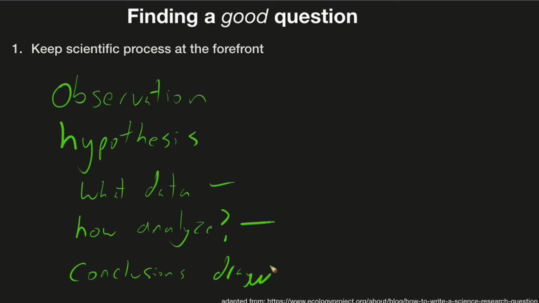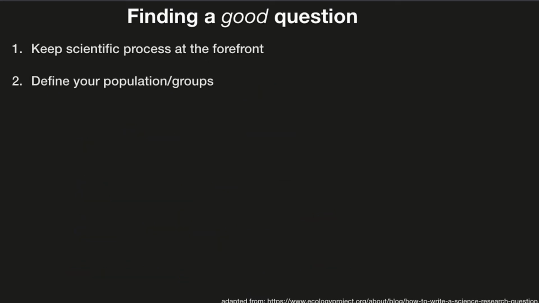This is the general process. Make an observation, find a way to make it a testable hypothesis, and then think about, in the ideal world, what kind of data and how you would analyze it in order to address that hypothesis. And if everything worked out just right, what would you actually get out of it? All right, so that's the general workflow.